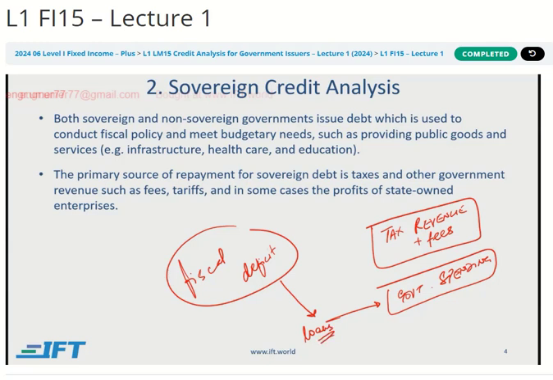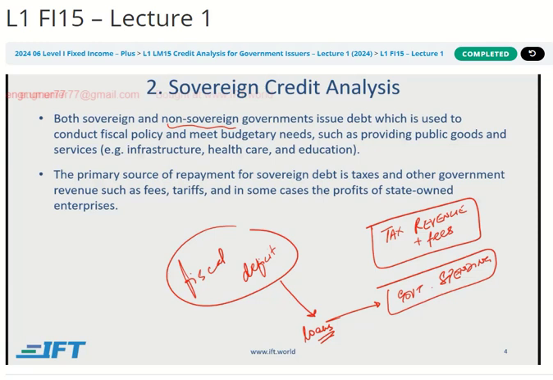And that's where these bonds come in that are backed by sovereigns, or even if they're backed by the government, but not directly by the sovereign, but through their agency or some state, they will be used to bridge this gap between the revenue and the spending. Now, the question is, if they are spending more than they are being able to raise, then how will they repay the lender?